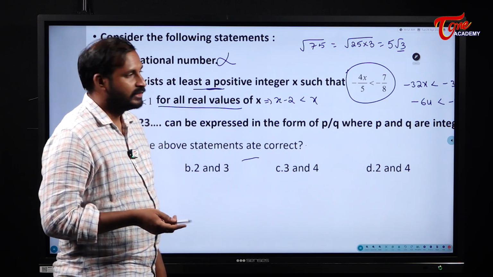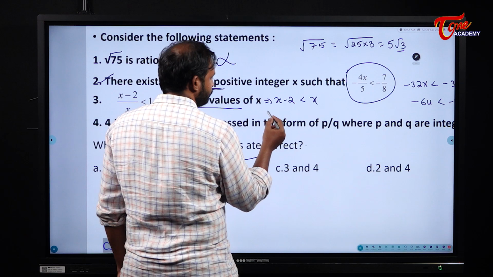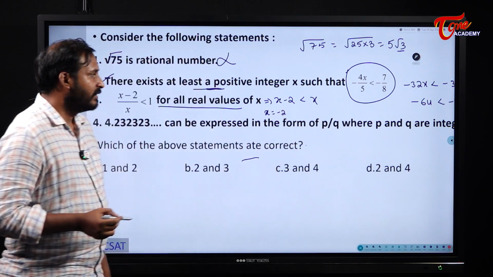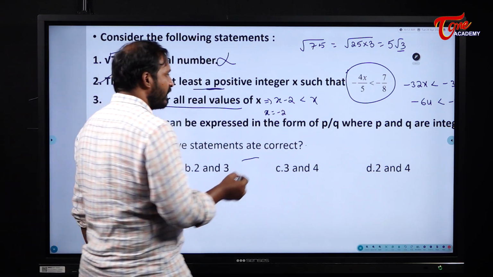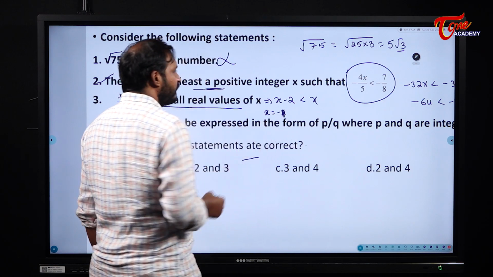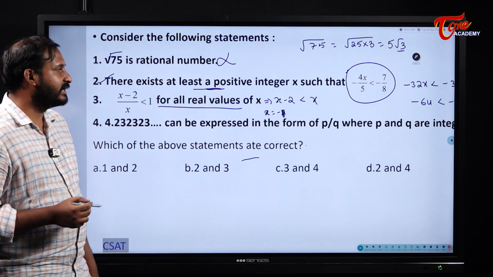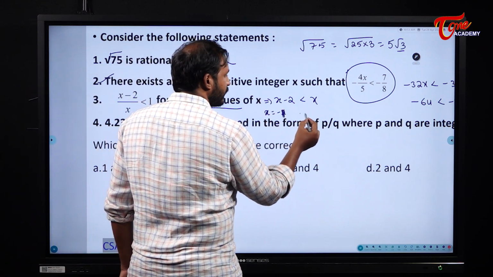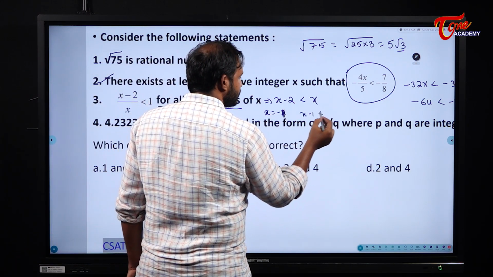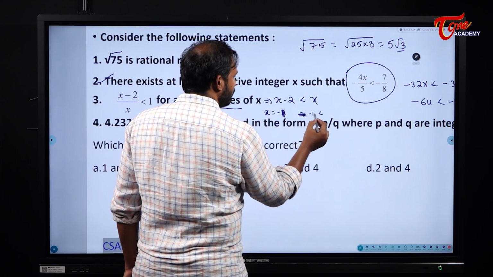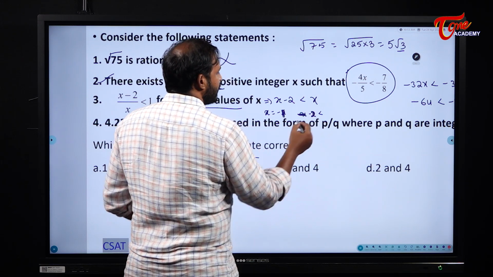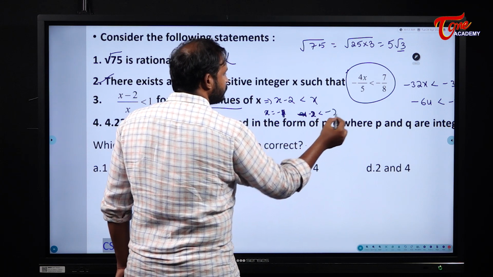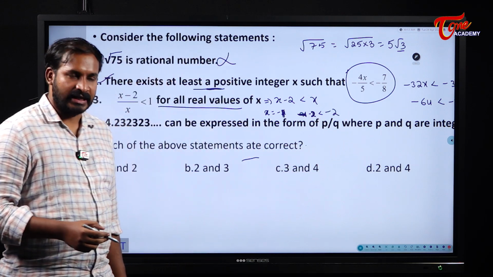We will see. If I take x as minus 1 or minus 2, whatever it may be, if I take x as minus 1, what will I get here? Minus 1 minus 2 is less than minus 1, yes, that is correct.